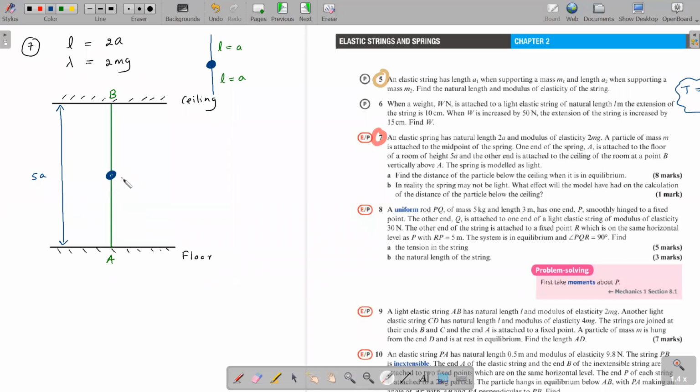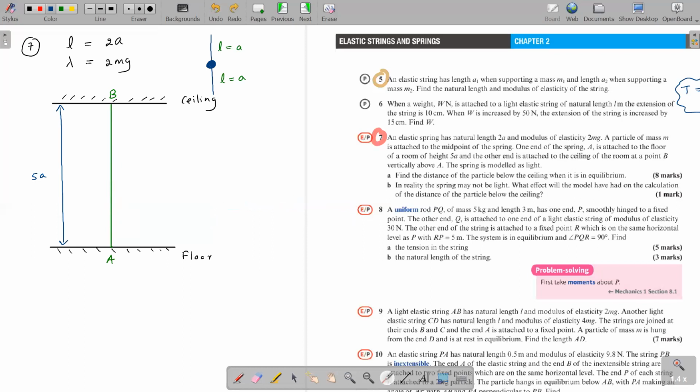If this was kept horizontally on the floor, with A and B at the two ends, then definitely the particle would be exactly in the middle, because the weight would not make an impact on the spring. But over here, because you keep it vertically, the weight plays a part, which means you cannot expect the particle to be exactly in the middle. Are you with me?